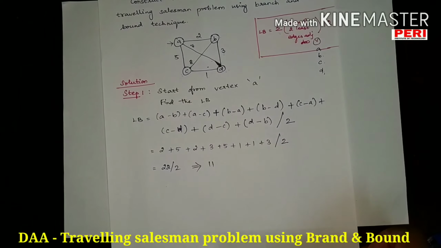As you know already, from A, the minimum cost edges are A to B and A to C. Therefore, I will be taking A to B and A to C. You may think, what is the difference between step 1 and step 2? In step 1 we did the same thing. A to B and A to C are the two edges that we added. We are doing the same thing in the second step. What is the difference? There is a difference.